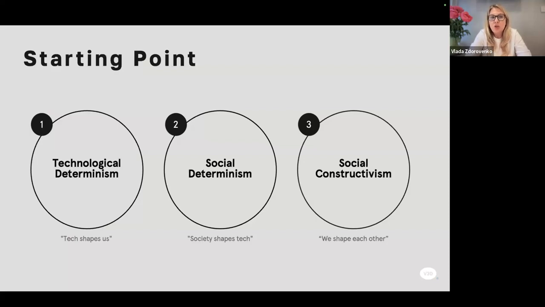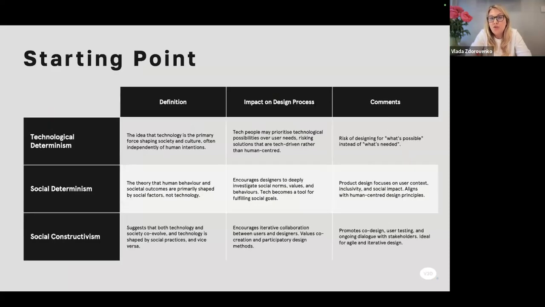And data scientists usually think in technological determinism, when they think that technology and the idea of technology is the primary force shaping society and culture, and often independently of human intentions. So this type of people may prioritize technological possibilities over user needs, and their idea is more tech-driven rather than human-centered.